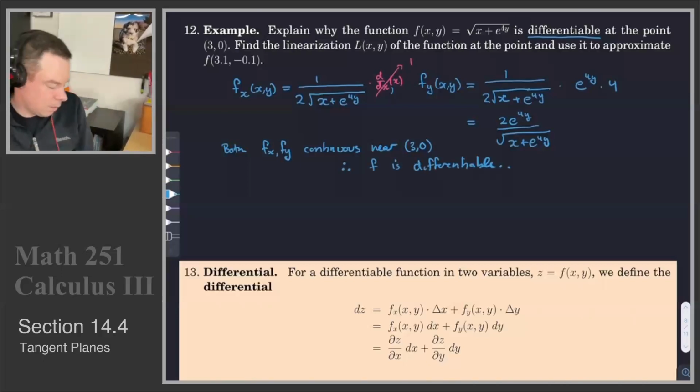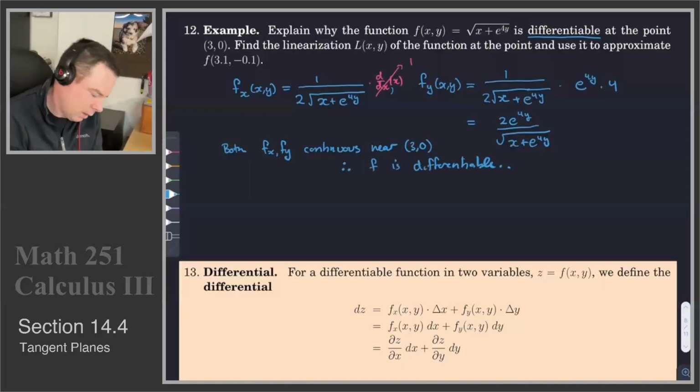Okay, and because it's differentiable, that means the linearization, or the linear approximation, is a good approximation of the function there. So we can go ahead and do the second part of the question, which is to find the linearization.